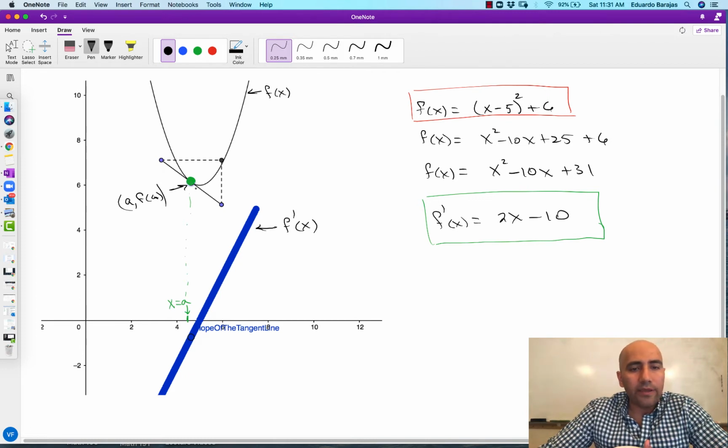And at that point, it's going to have a tangent line that looks like this. So this is the tangent line at the point a comma f of a.